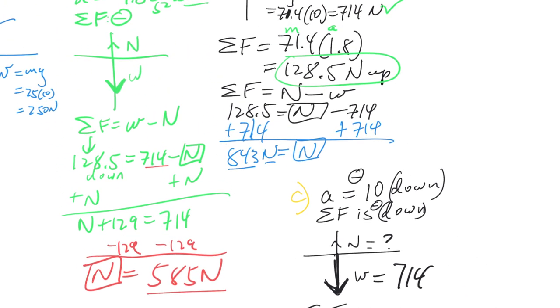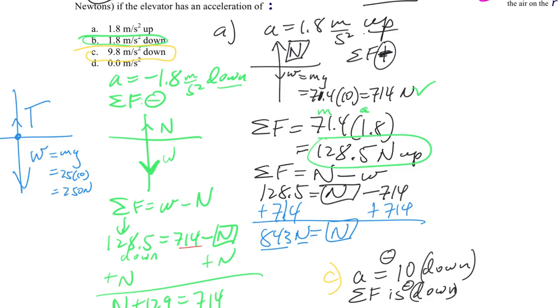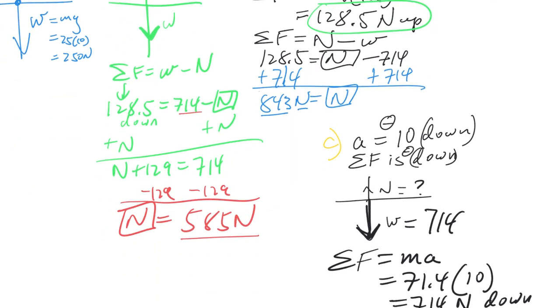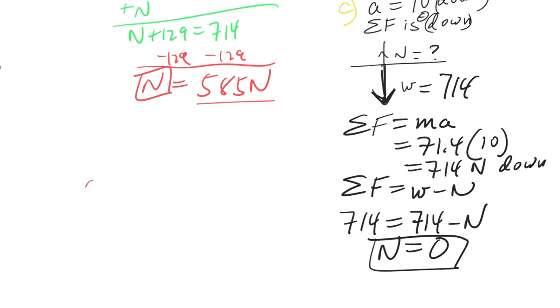And then letter D, what if you had no acceleration? That's really easy. I don't even have to do that much work for that. Acceleration is 0. There's no net force because the forces are balanced.